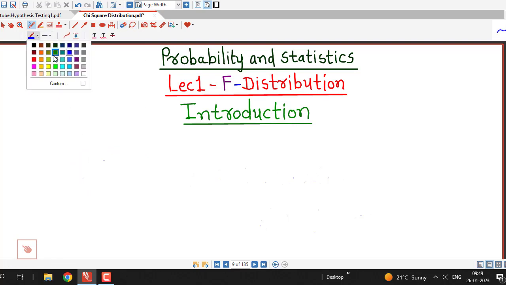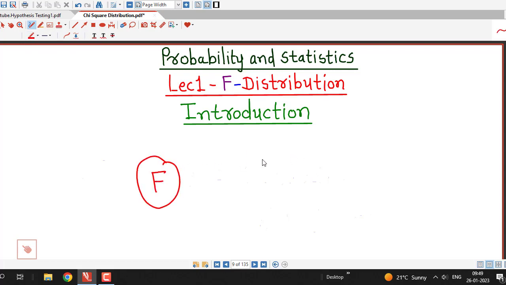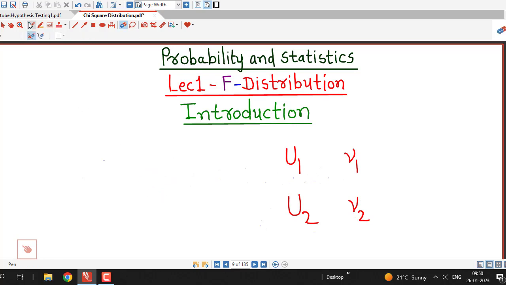Now, what is F distribution, or how is an F random variable defined? To define an F random variable, we consider two chi-square random variables. Suppose U1 is a chi-square random variable with nu1 degrees of freedom and U2 is another chi-square random variable with nu2 degrees of freedom.